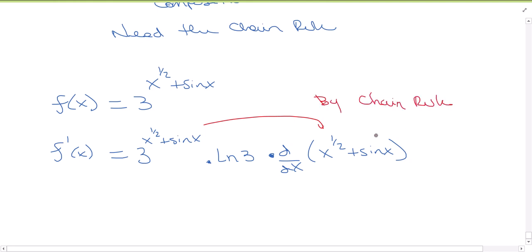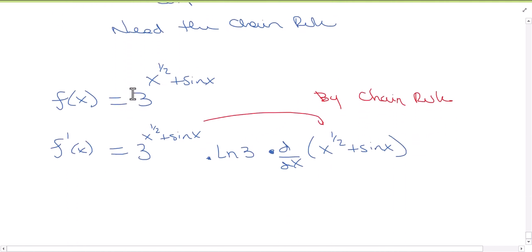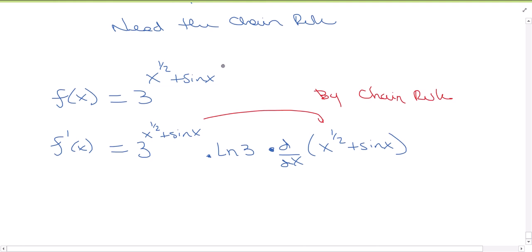Because I have a composition of functions. How do I know I have a composition of functions? It's not just x, right? It's not just 3 to the x. And if this was just 3 to the x, there's no composition here. As soon as I see that I have 3 to something other than just x, there's a composition of functions that happens there. So let's finish this derivative.